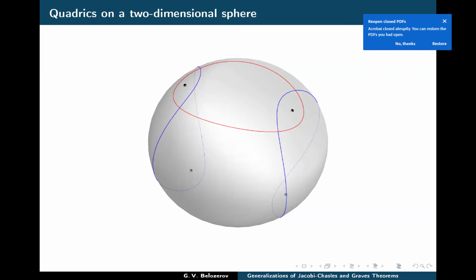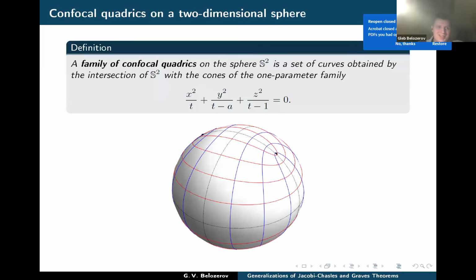Okay. And now we can formulate the definition of the family of confocal quadrics. It turns out that a family of confocal quadrics on the sphere is a set of curves obtained by the intersection of the sphere with the cones of the one-parameter family.